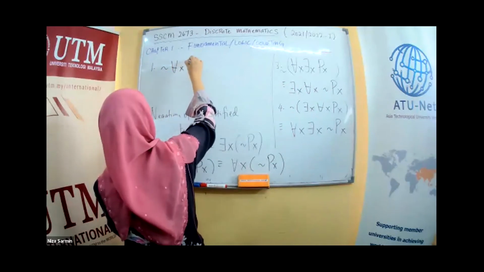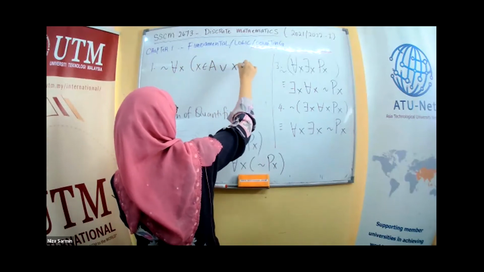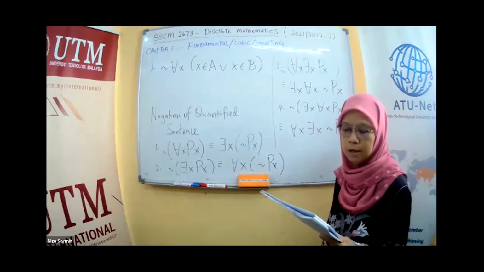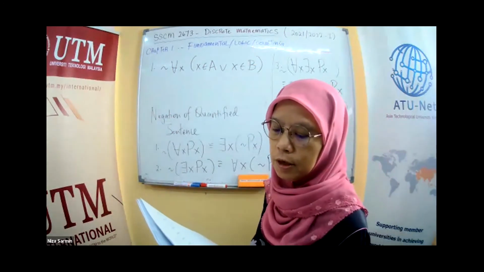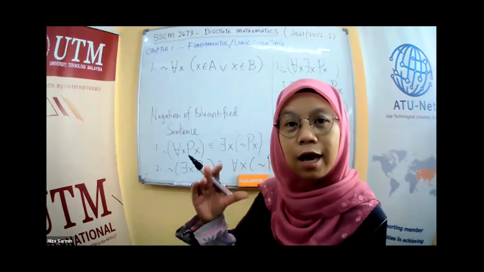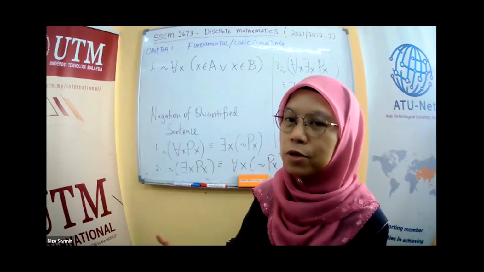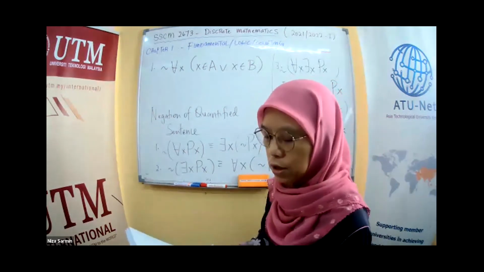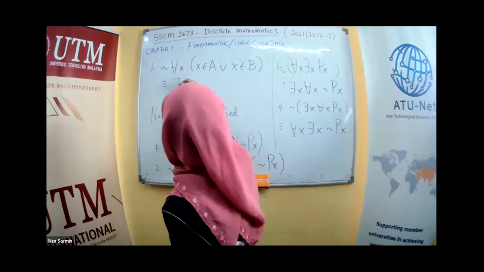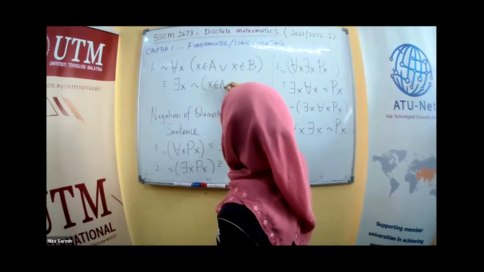For all x, x in A or x in B. Okay, you don't know what x is, but for all x, either x is in A or x is in B, right? So this is just any set. Now this is equal to there exists x, and you have to take this, right?